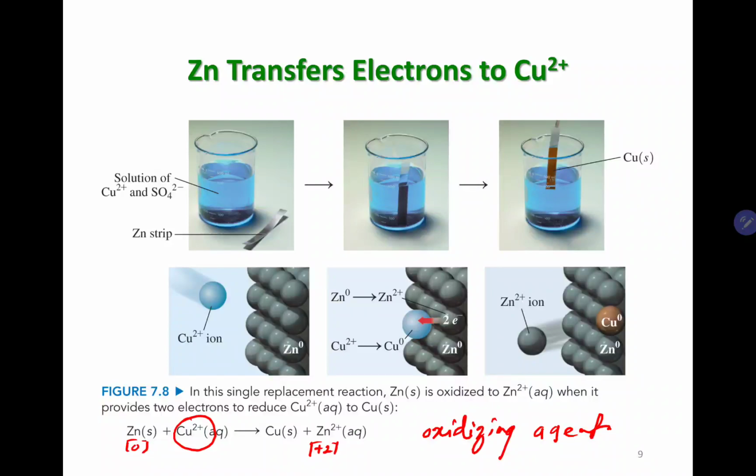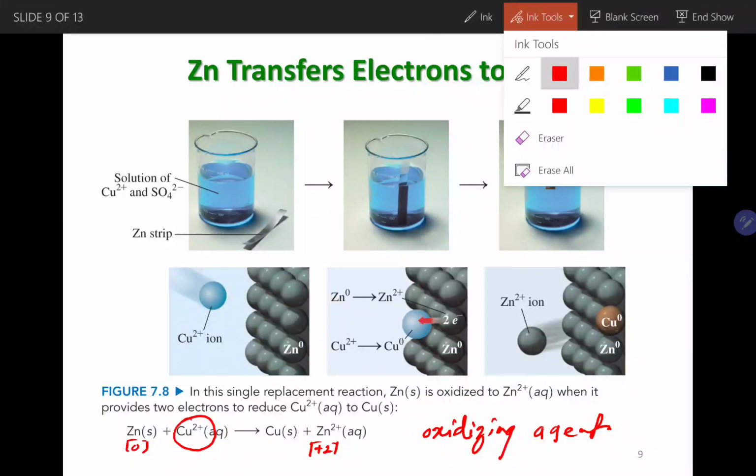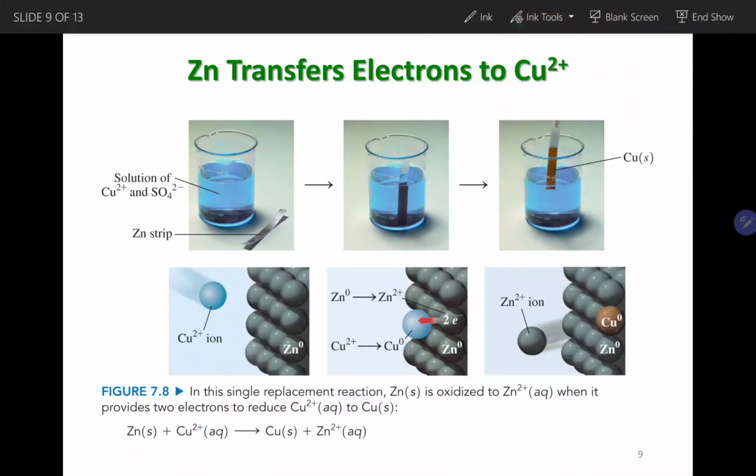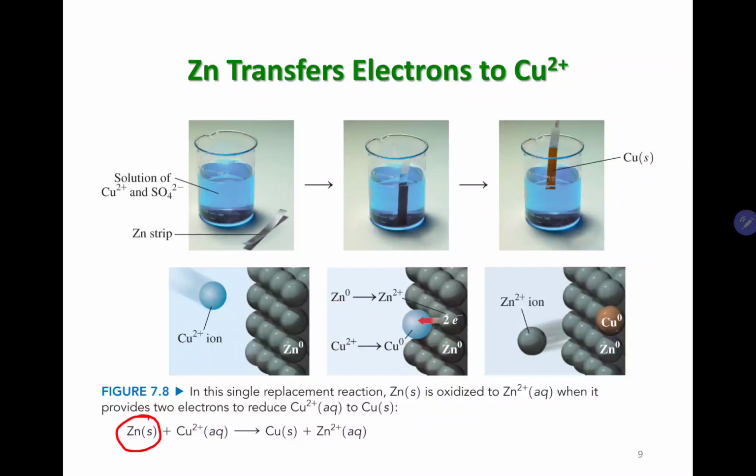Okay, so who is the reducing agent here? So the reducing agent will be zinc. Zinc will be your reducing agent. Why is it the reducing agent? Because it will help copper to reduce. So the chemical compound that helps reduction is zinc.